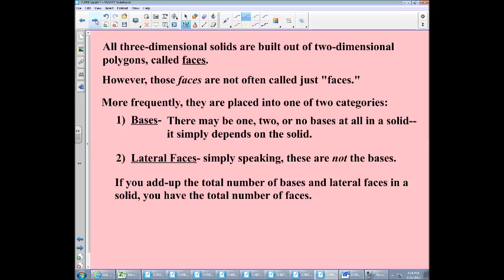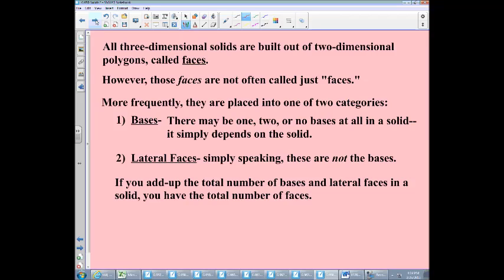Those two classifications were, number one, bases. We talked more about bases as we went forward, but at this point, all we said is there could be no bases on a figure, one base, or two bases, and it really depended on some other stuff going on in the solid.